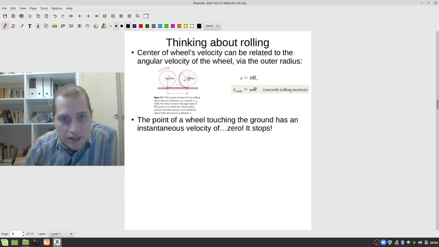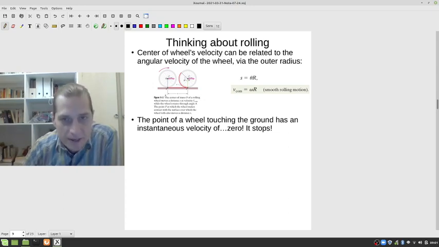So that center of mass moves along always above that point on the pavement. It's going to just be omega times r. Okay, that's probably what you guessed.